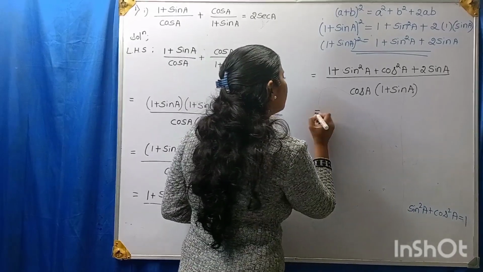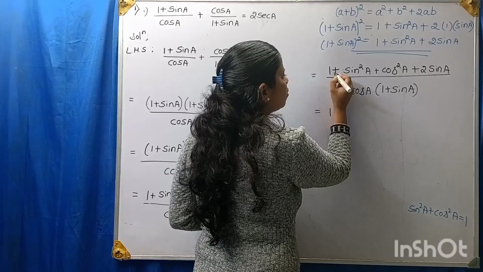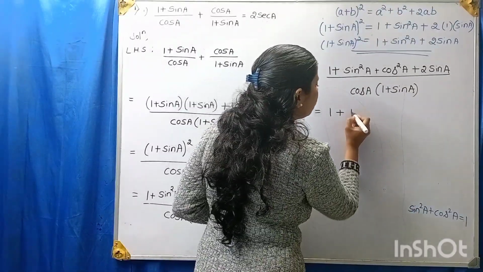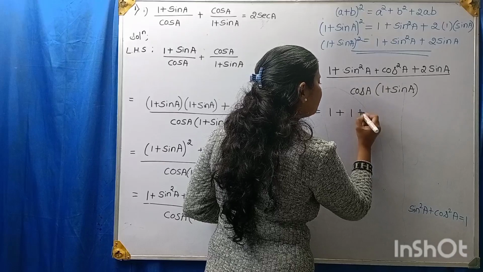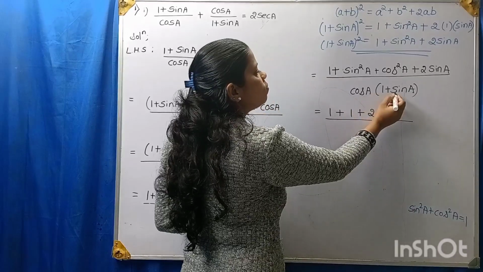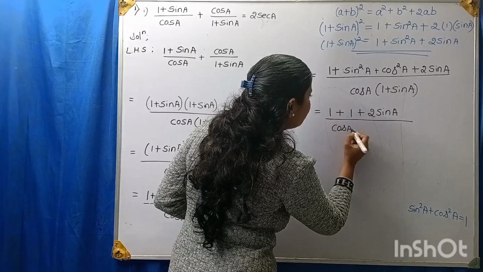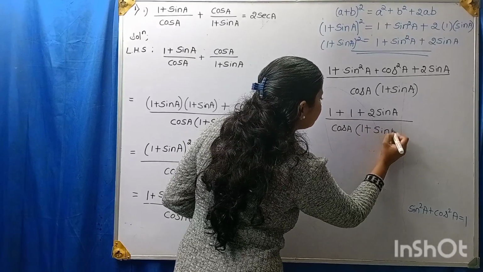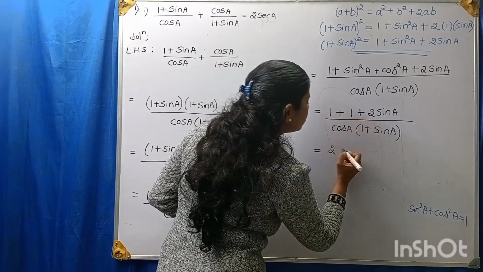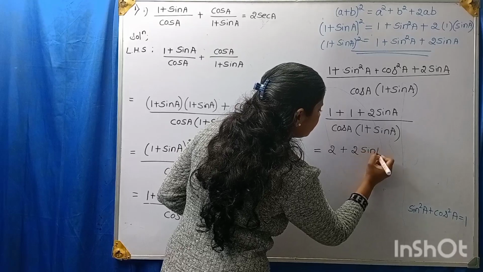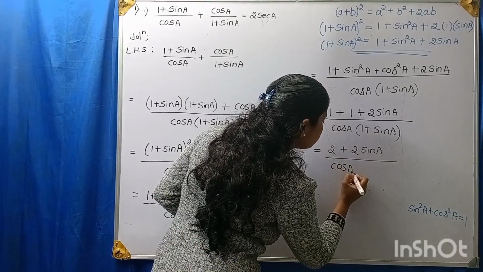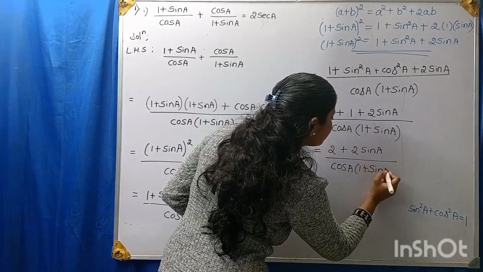So, I will write 1 as it is, plus sin square A plus cos square A, I will replace it as 1. 1 plus 1 plus 2 into sin A, the whole divided by cos A into (1 plus sin A). 1 plus 1 is 2, plus 2 into sin A, whole divided by cos A into (1 plus sin A).